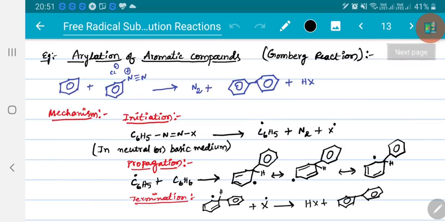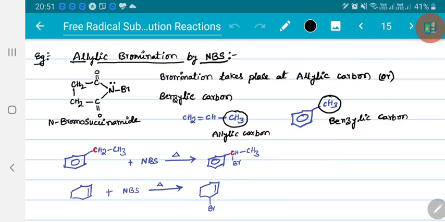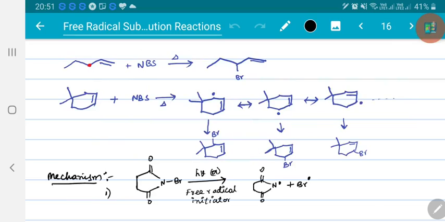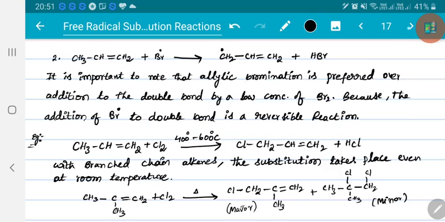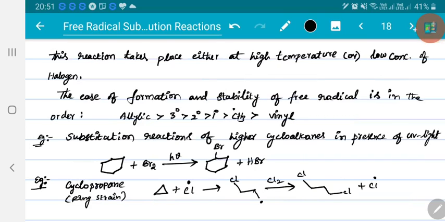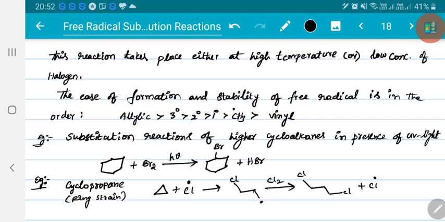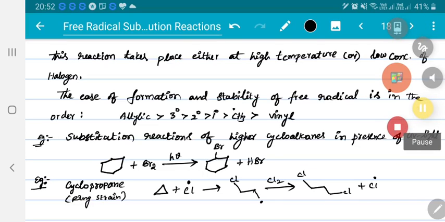Then we have seen some other types of free radical substitution reactions. One is arylation of aromatic compounds and Wurtz reaction, allylic bromination, then simple allylic halogenation at high temperatures, higher cycloalkanes in presence of UV light, and cycloalkanes where there is ring strain. So these all lead to free radical substitution reactions, right? So let me stop our discussion today.